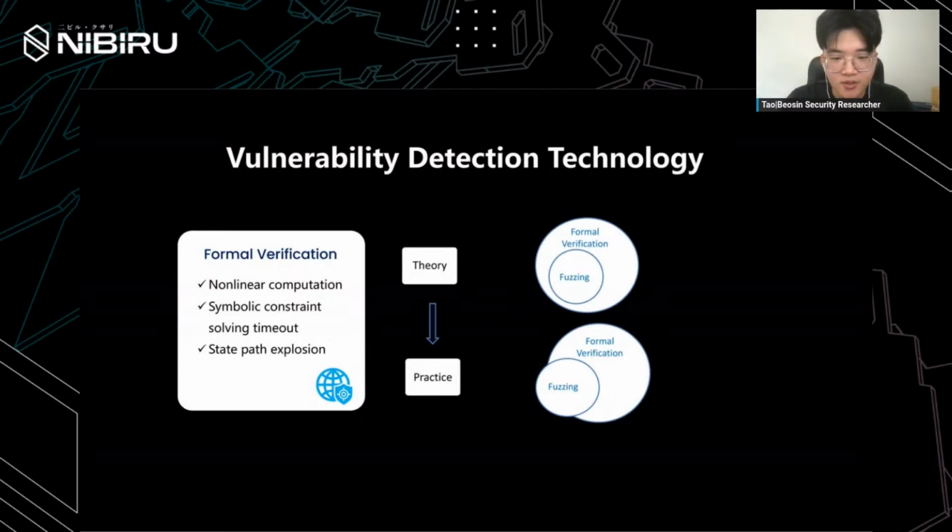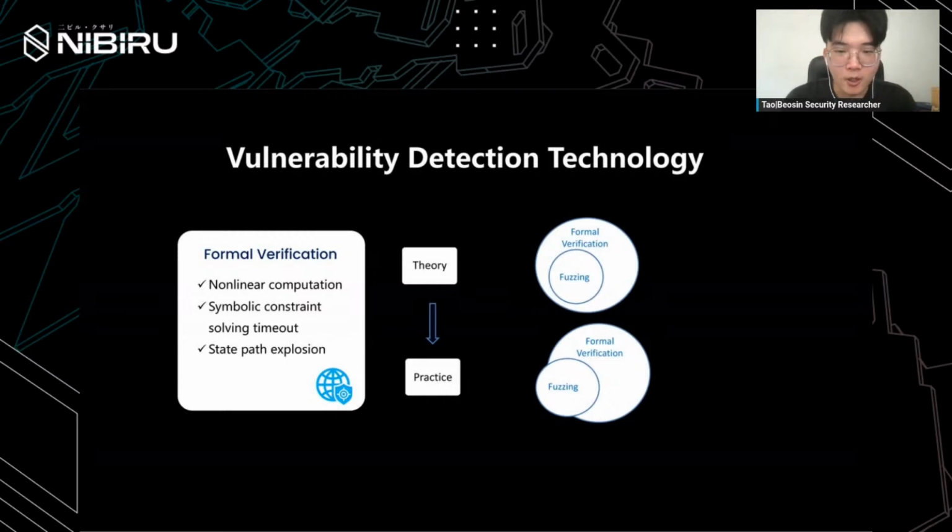And in theory, the bugs found by formal verification contain those found by fuzzing. But in practice, I think we cannot strictly write the formal specification.